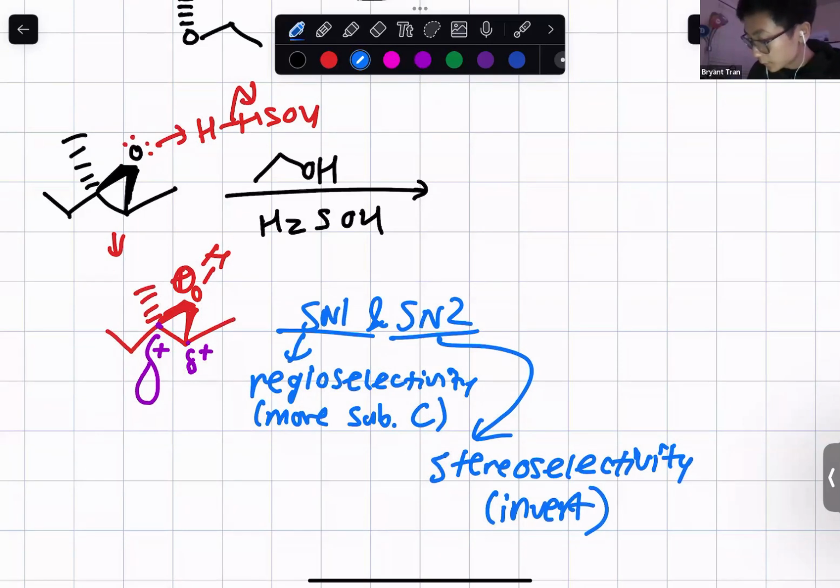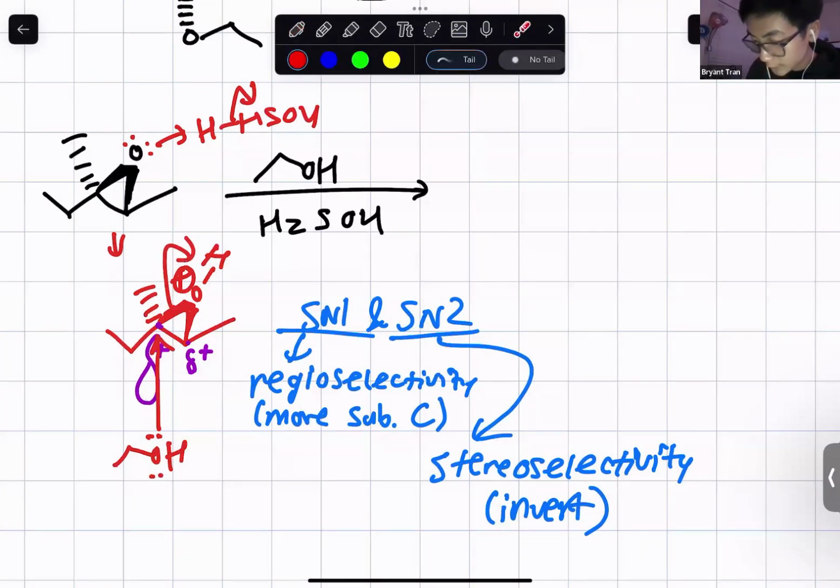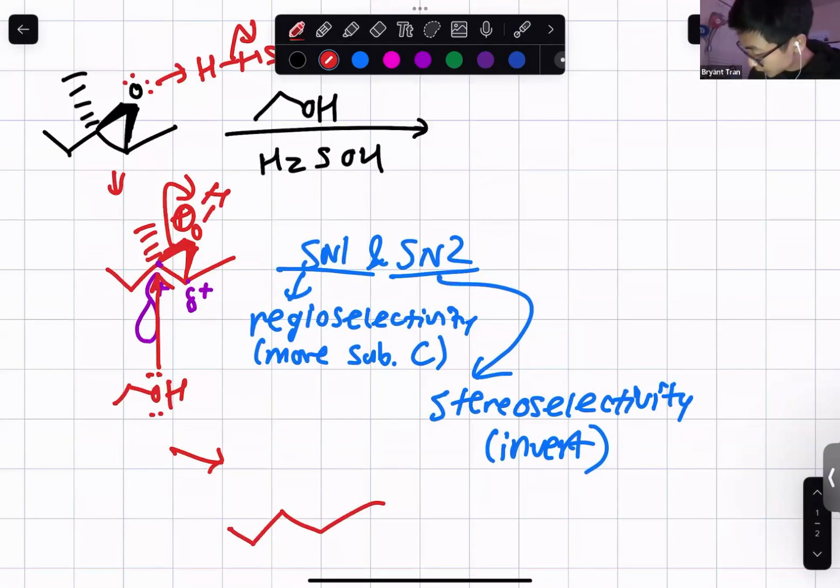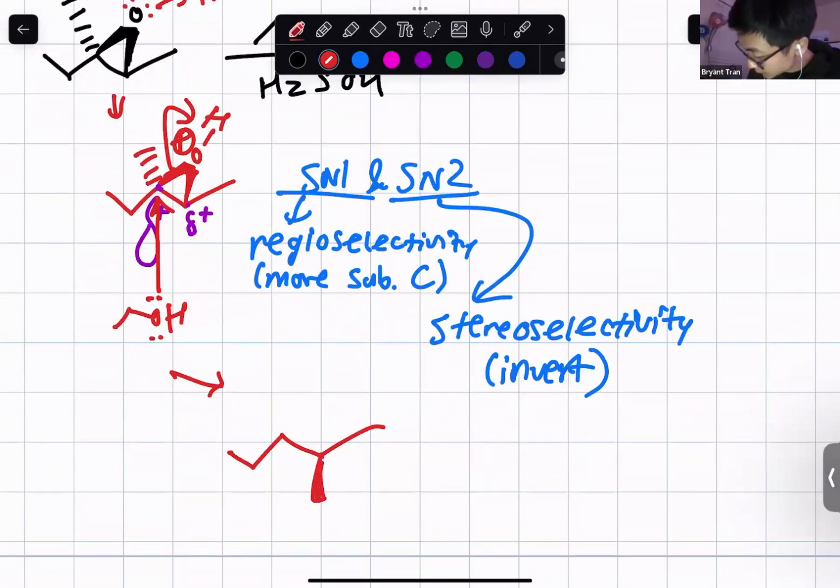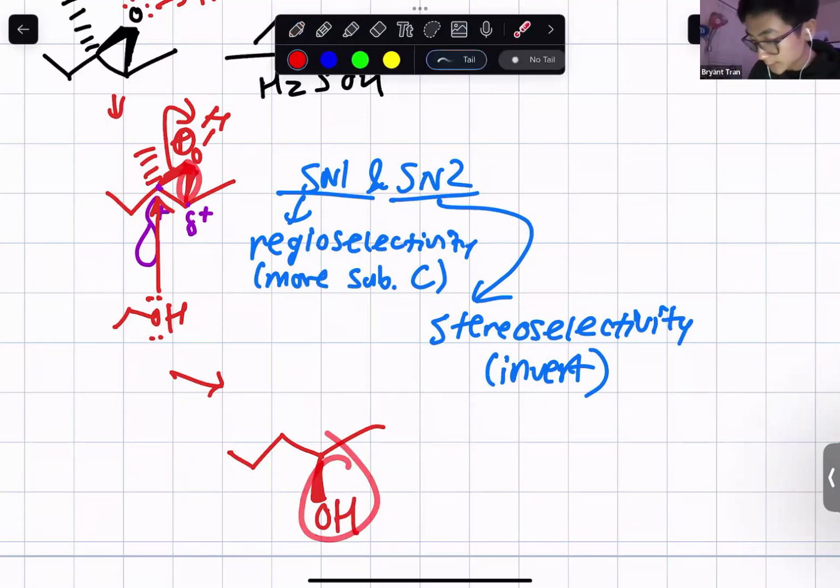So now the ethanol, the neutral alcohol that we have, is going to attack this activated electrophile. And it's going to attack the more substituted side because there's a bigger positive charge there, inverting this stereochemistry that we're breaking off. So when we draw out the product, this wedged OH right here stays as a wedge because nothing touches that carbon.